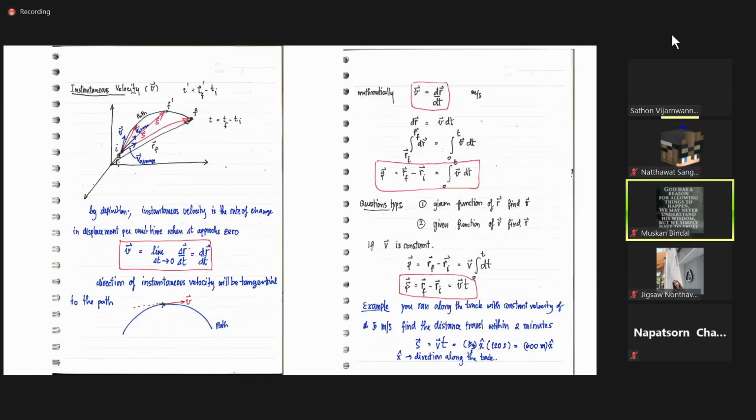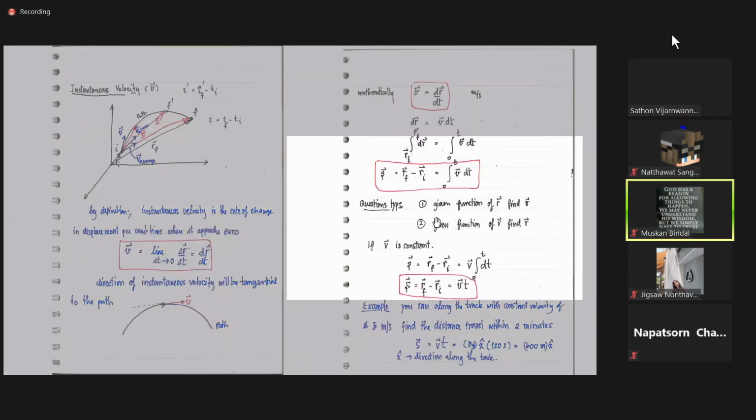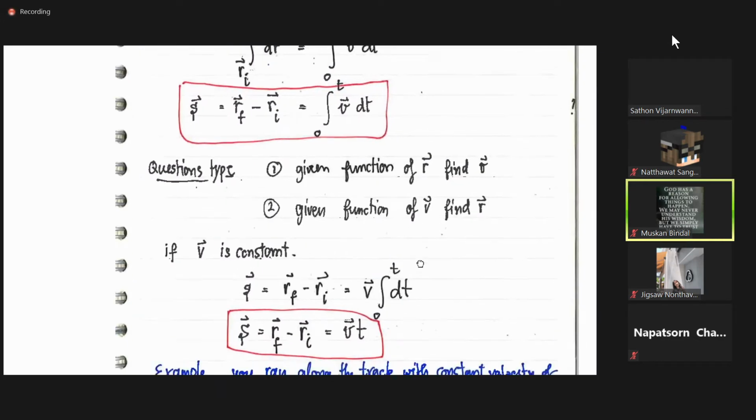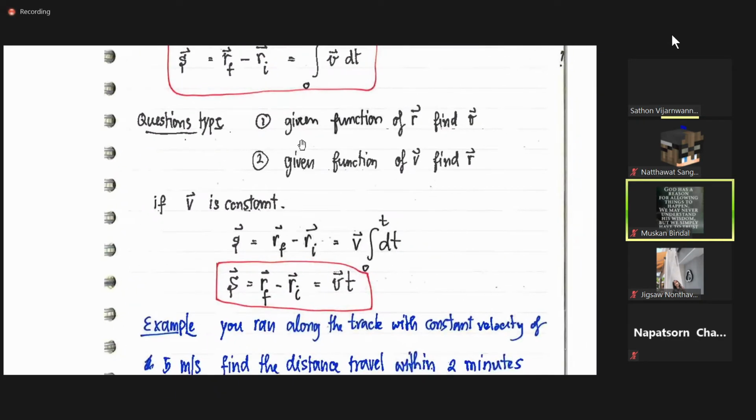Now, this type of question will happen when you are given the function of r, and there are two types of questions. One is you are given the function of r or displacement and asked to find velocity. Or two, you are given the function of v and asked to find the displacement.